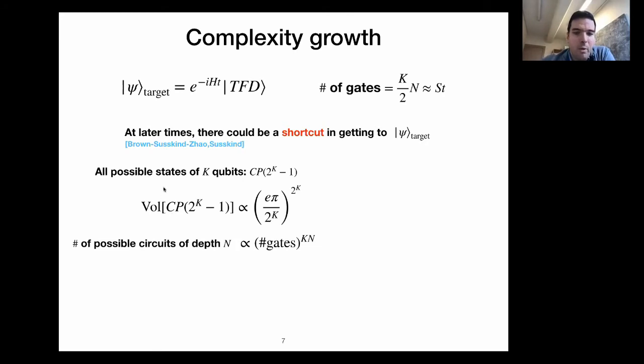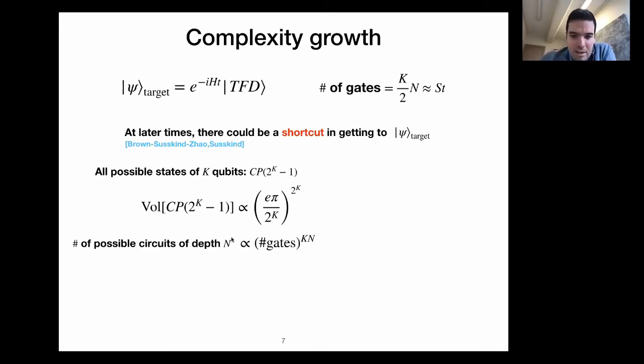Okay, so now we want to compare this to the number of possible circuits that we can write down with a given depth. If you have this number of fundamental, let's say 2-qubit gates that you work with, then you just need to raise this to the power of how many gates you have in the circuit. So there's a width to it, that's k, the number of qubits, and the depth is n. So it scales exponentially.